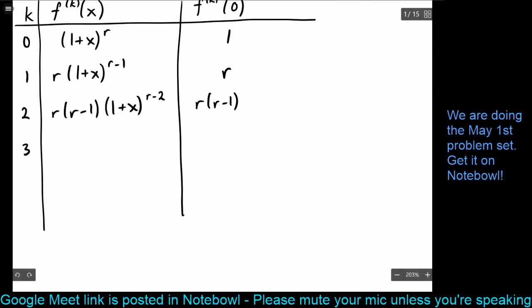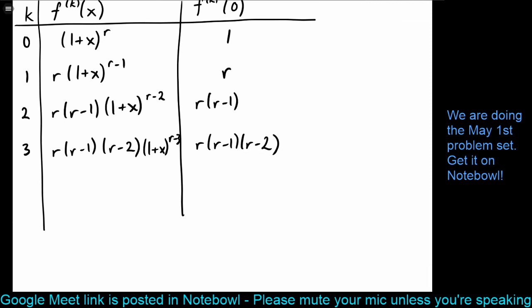So if you keep following this trend, right? r minus 1, r minus 2, 1 plus x to the r minus 3. Right? And so here we have r minus 1, r minus 2.